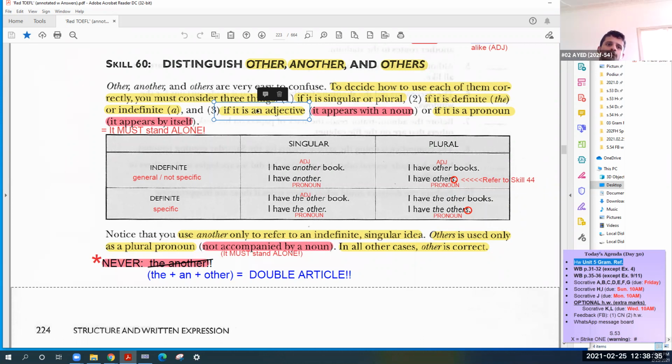It describes a noun. So if it is an adjective, you must put it together with a noun. Or if it is a pronoun, it appears by itself. When it's a pronoun, then it will appear by itself.